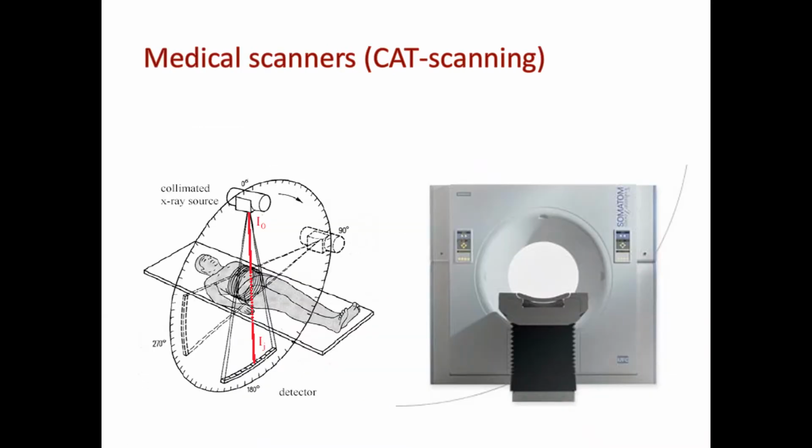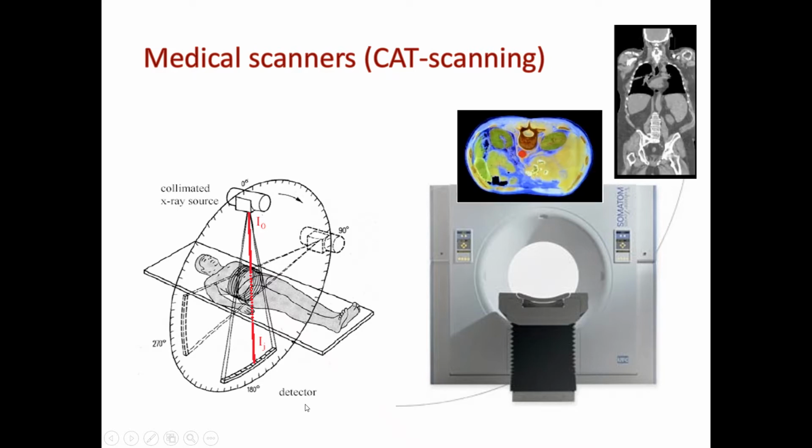Okay? So in medical scanners, you have this source, and we have seen this version of it in DiCarlo's lab. You have a source and detector moving around a person, or in our case, a rock core. And since we don't care about hanging rock cores, we can insert them vertically as well as horizontally.